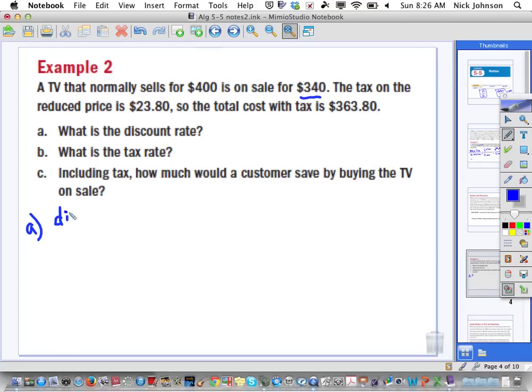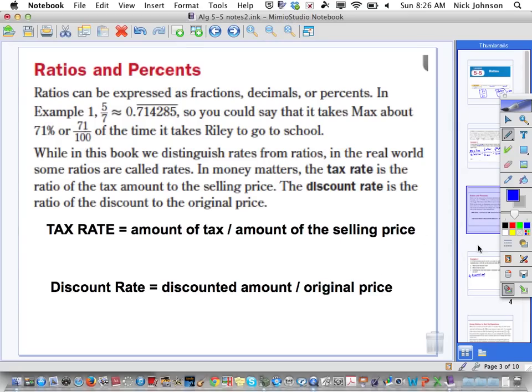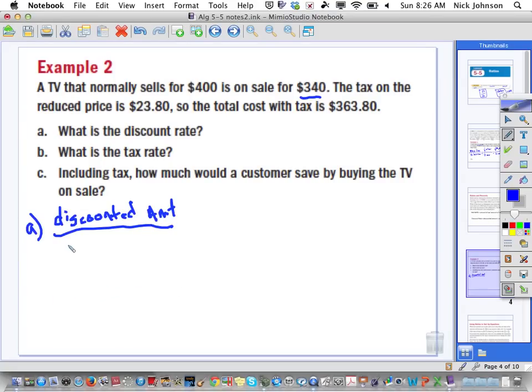So it's discounted amount divided by the original price. My discounted amount is $340 divided by 400.